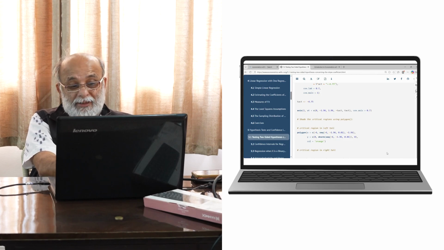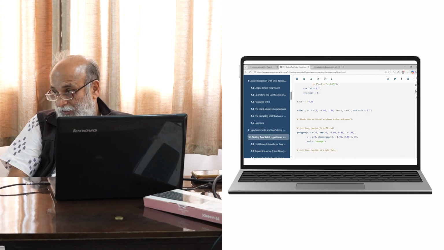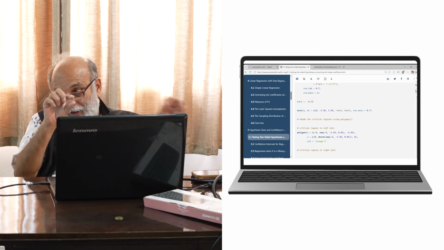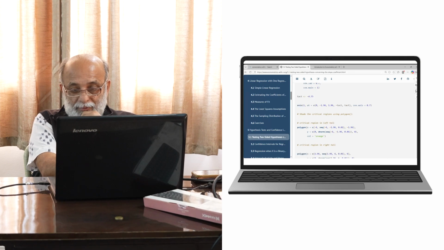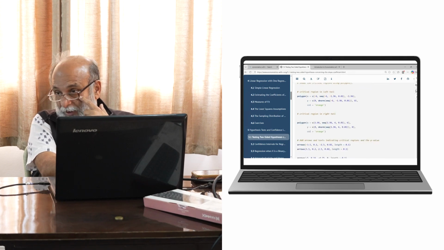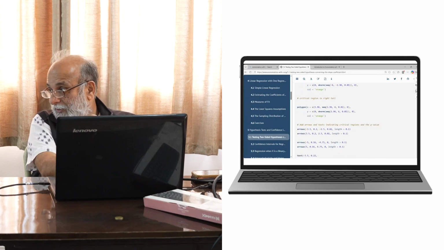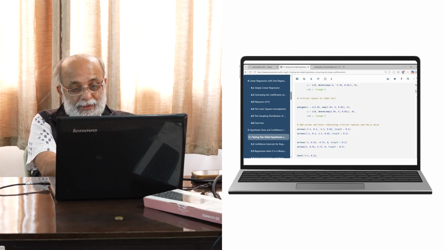And then you shade the critical region. You need a command called polygon, you shade that region, so you get a color for that region. Clear? Everybody's done this? Okay. Now the next critical region. Polygon.